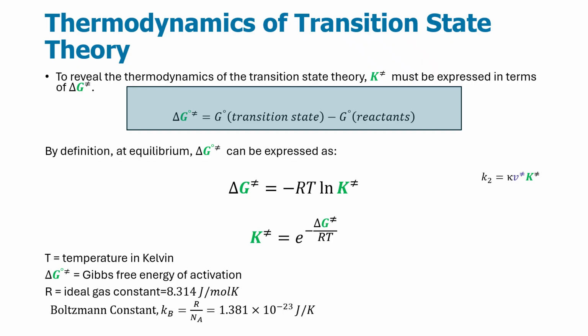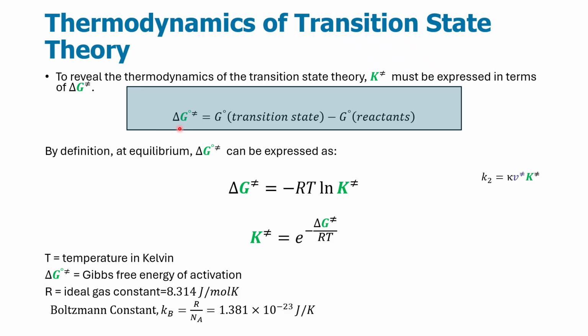The Eyring equation can also be expressed entirely in terms of thermodynamics, which is extremely useful for relating the microscopic theories to the macroscopic data. The objective is to express the equilibrium constant for the activated complex in terms of the Gibbs free energy of activation, which is represented with the delta G double dagger.